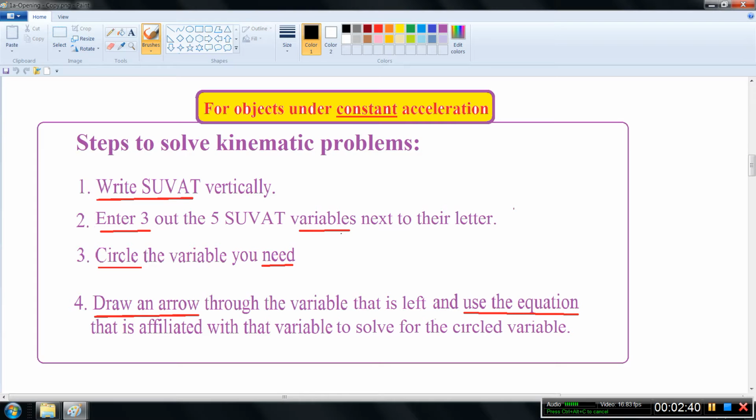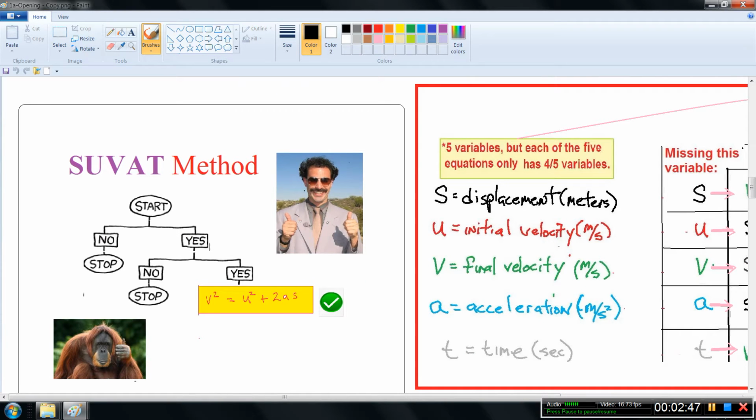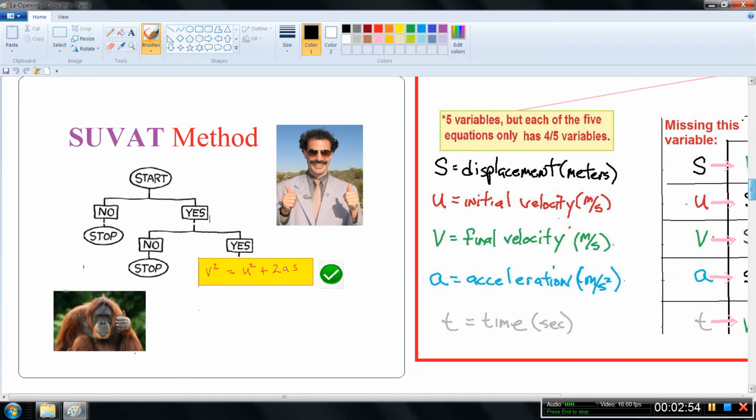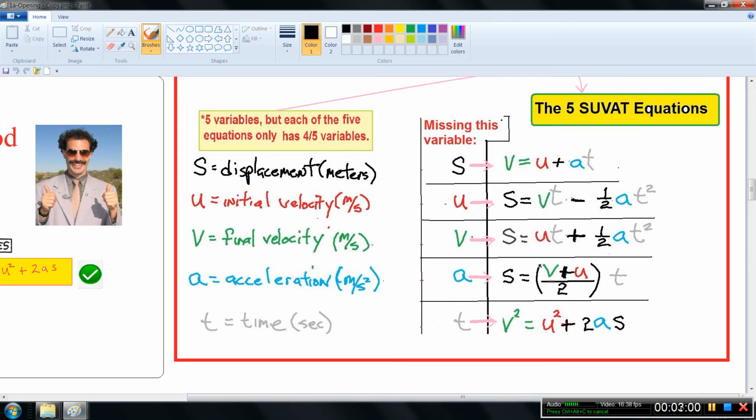Before I go any further, though, the first thing I'm going to do is work a kinematic problem for you. The reason is that the SUVAT method is sort of like a simplified algorithm when you go through the steps. When I tried to teach this approach using this diagram here to some of my students, I found that it was sort of abstract to explain.